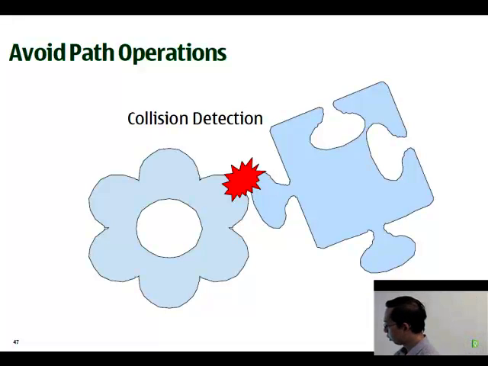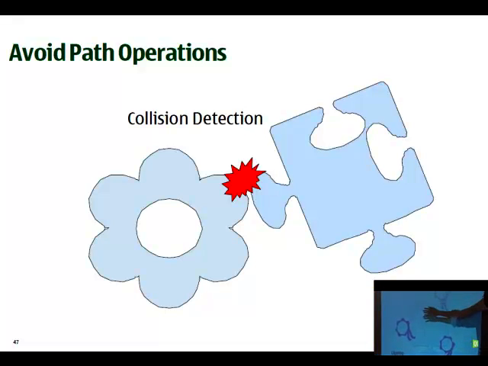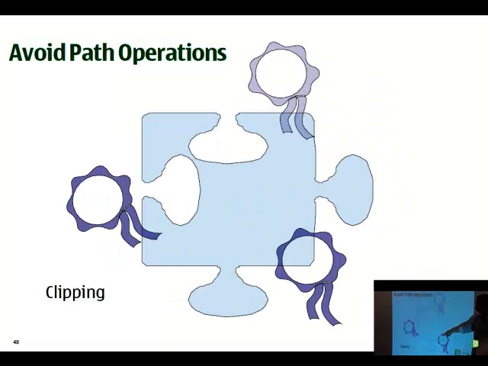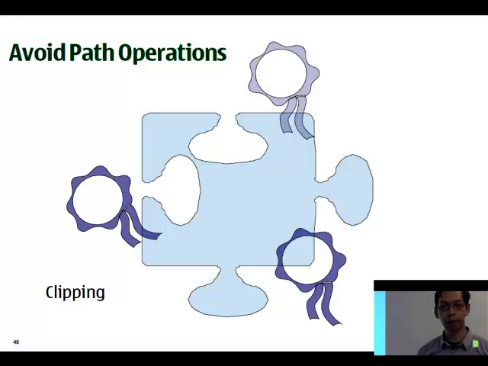If you have those items and you have three small items here, and you just want to clip the painting of these three to be only inside this big item, then it needs to clip all those paths, which is also another expensive operation. So you really need to use your profiler and find out whether clipping or probably collision detection is the cause for the slow operation.